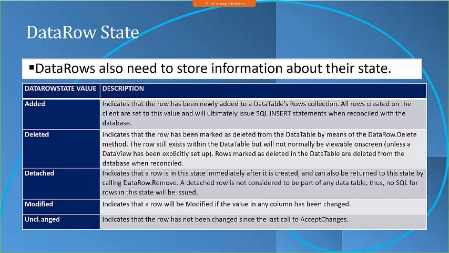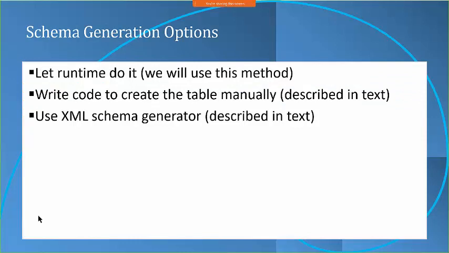And the way a data adapter works is first you do a select query to the database, pull everything into your data table. You can make as many modifications and changes to the data table as you want. And then when you want to update the database, you can update it with the data adapter from your table, and it will automatically figure out what insert, update, or delete queries it needs to run.